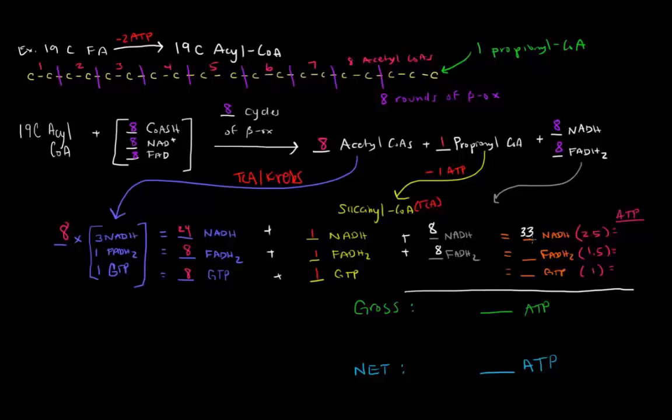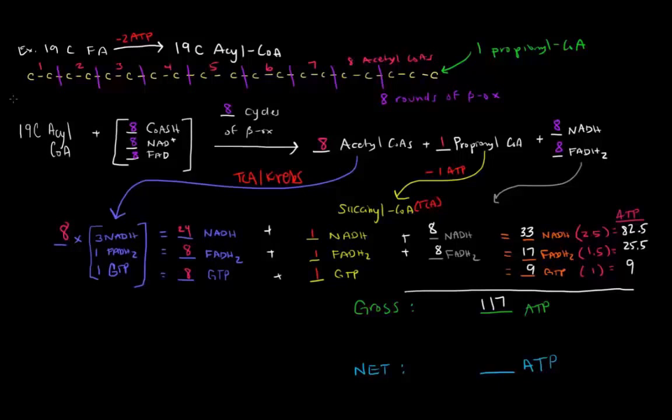So 33 NADHs, and we have 17 FADH2s and 9 GTPs. If you multiply all those values out, we get 82.5, 25.5, and 9. If you add all those values up, you gross 117 ATP.